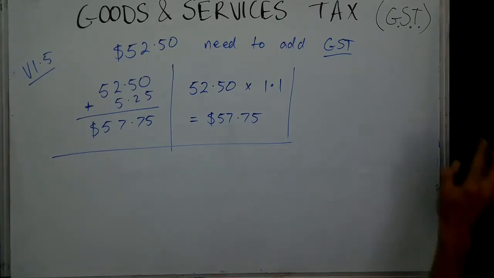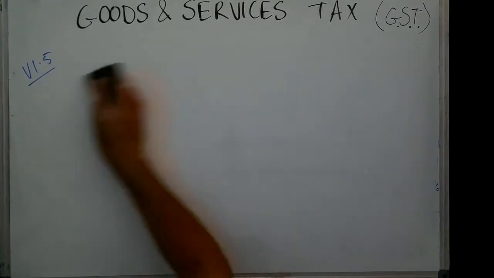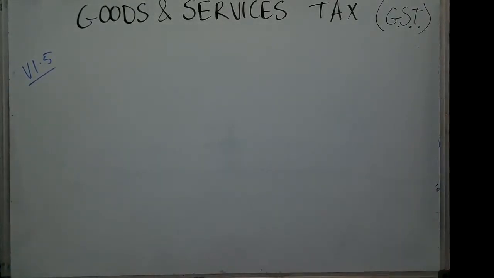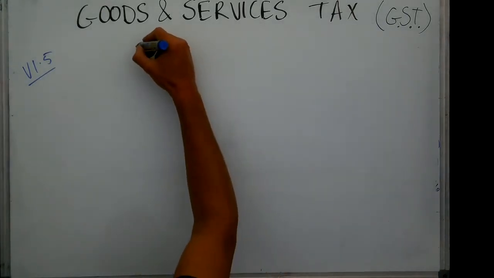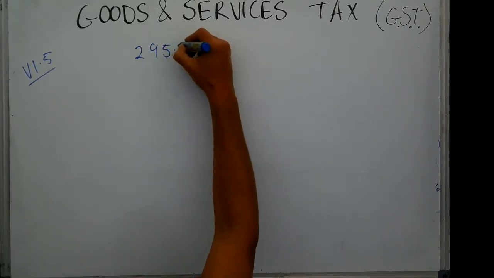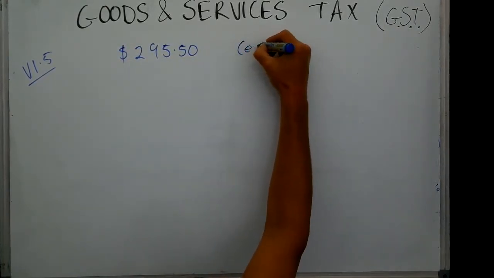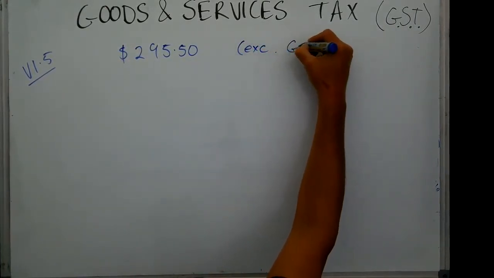Okay, I'm just going to rub that one out and go to the next example. So there's an extra step included here. In this example, a pearl bracelet costs a retailer $295.50 excluding GST.